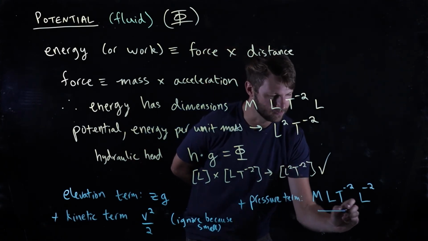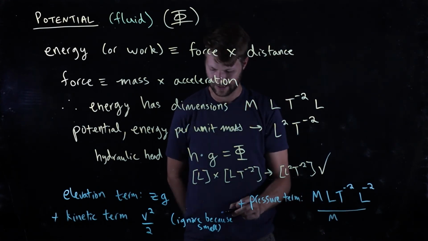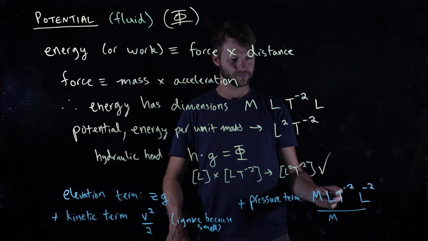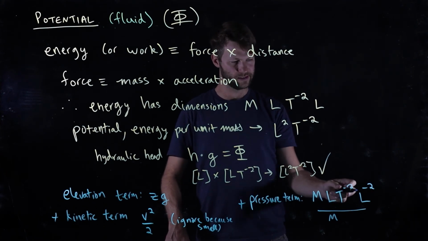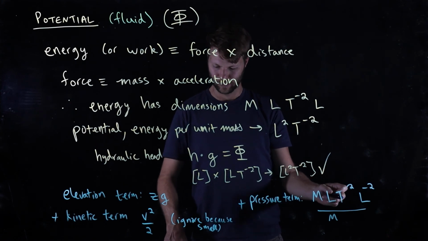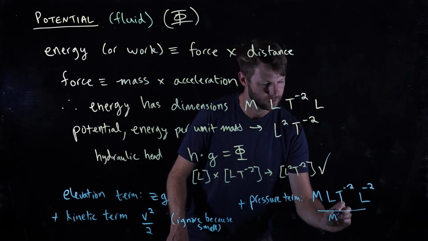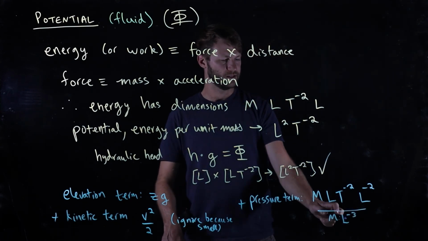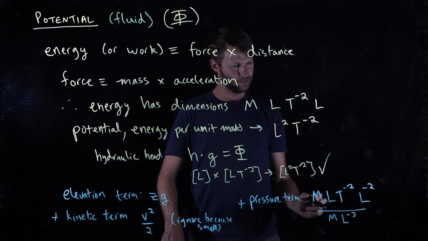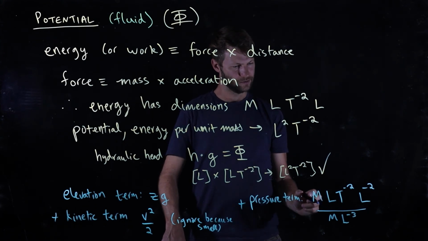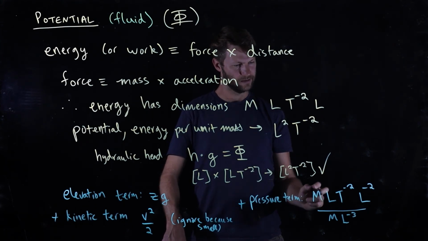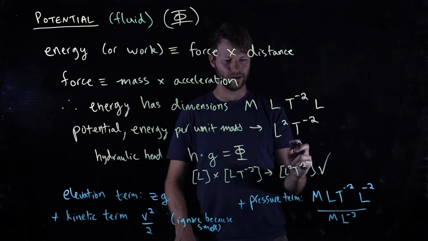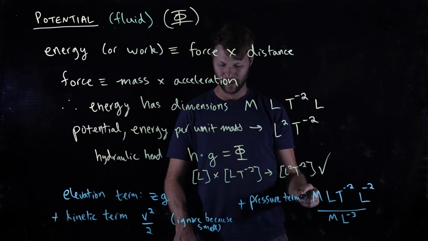Well, we need to get rid of the mass term, and we need to get rid of, let's see, some of these length terms here as well. So if we put this in the denominator, I believe we will get back to where we wanted to be. So I think yeah, this is going to give us the proper dimensions of length squared per time squared.